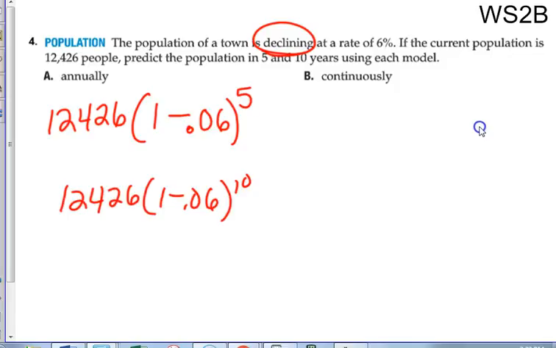Okay. This is the one I'm concerned about. Do you remember what we do when it says continuously? That's what is natural. Yes, but we're going to use something close to this. Does anybody remember what it said when it said declining? There's no plus or minus in here.